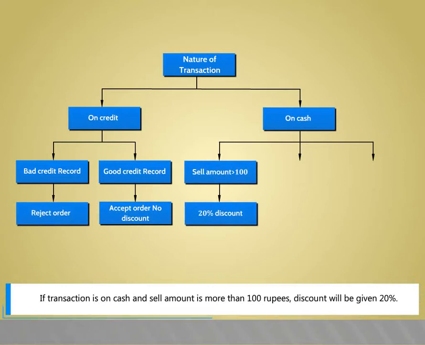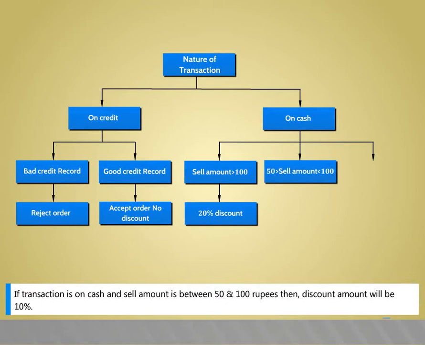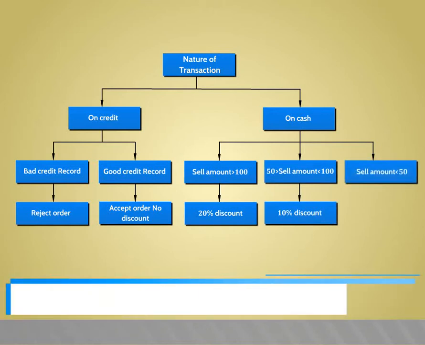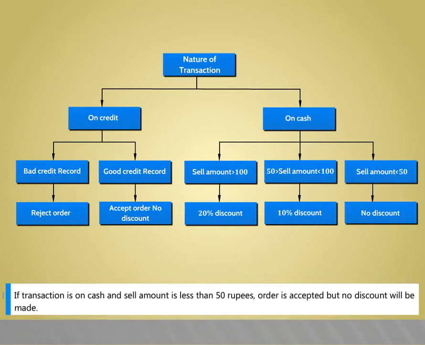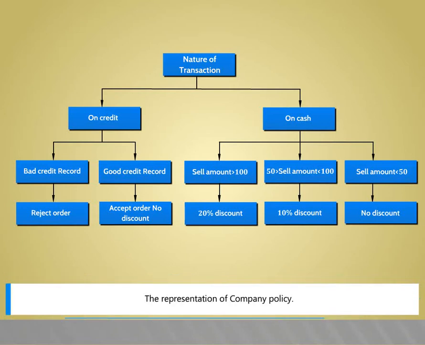If the transaction is on cash and the sell amount is between 50 and 100 rupees, then the discount will be 10%. If the transaction is on cash and the sell amount is less than 50 rupees, the order is accepted but no discount will be made. The representation of company policy.